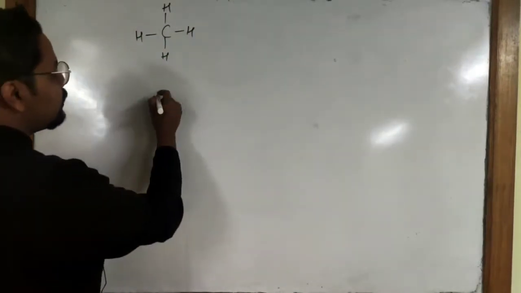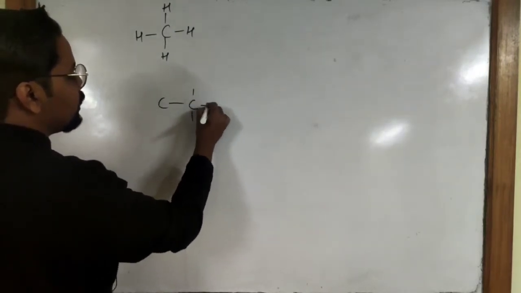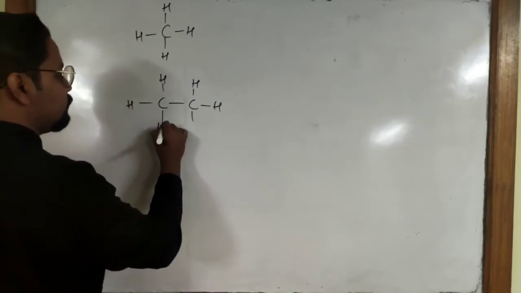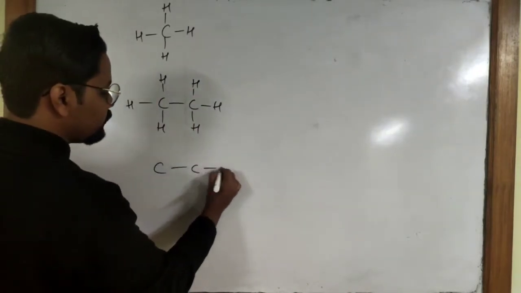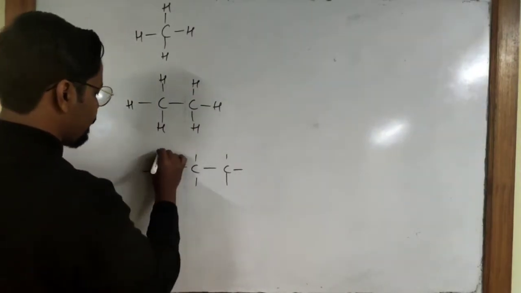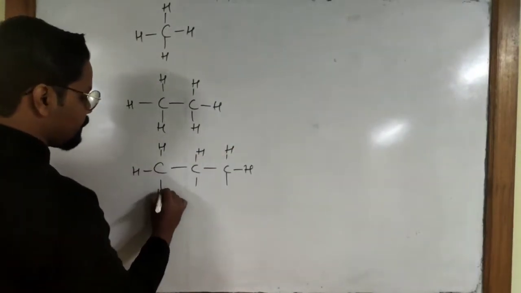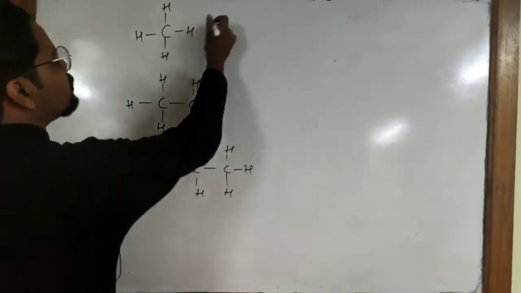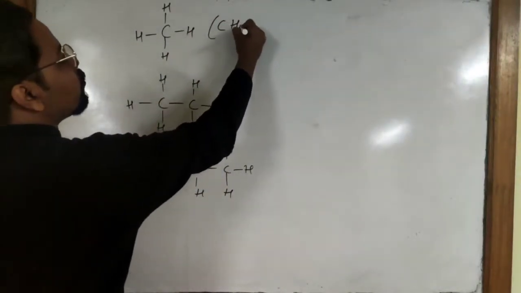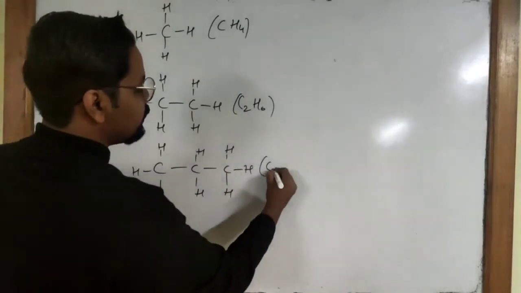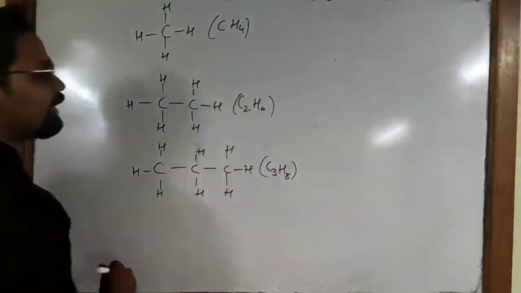Double carbon, 2 carbons, and we have 4 arms for each, fill it up with hydrogen. Let's take 3 carbons and fill all with hydrogen. So if you look into how many carbons are there, 1 carbon and 4 hydrogen. Here 2 carbons and 6 hydrogens, and here 3 carbons and 8 hydrogens.